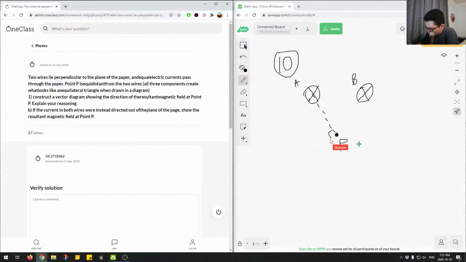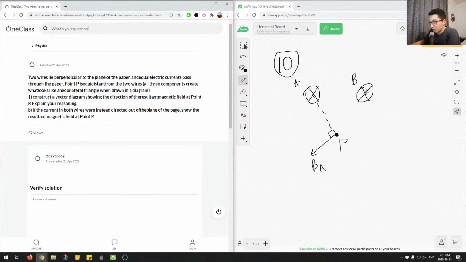So if we had something like this, you can see that using the right-hand rule, you take your hand, you point your thumb into the page, so for me it's going this way, and your fingers curl around in this direction, and you can see that the tangent from this line will point in this direction.